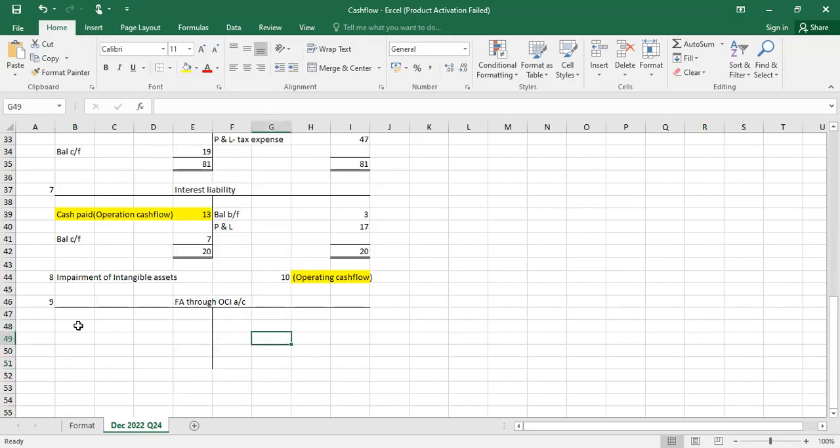Being an asset, that's a debit. And so the balance brought forward, we debit it. And then the balance carried forward, we credit that. The brought forward balance was how much?